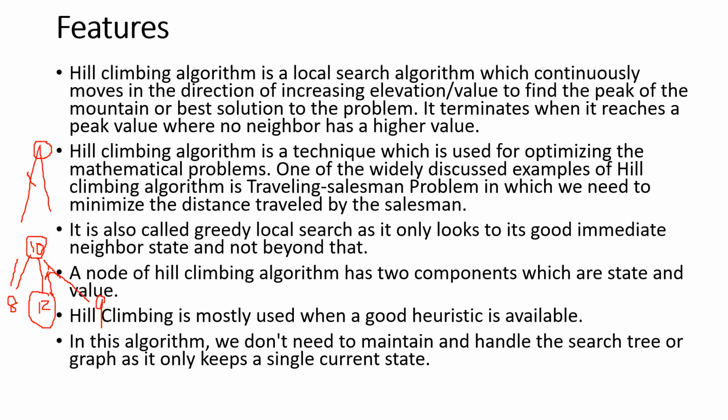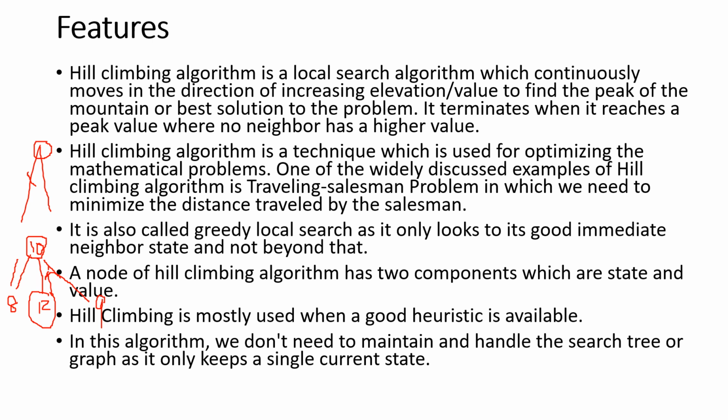Here we can say that the state is the current solution and the value is the quality of the solution, whether it is the best or not. So each node in hill climbing has only two things: the current state and how good it is. In the traveling salesman problem, each city is a state and the total distance is the value.